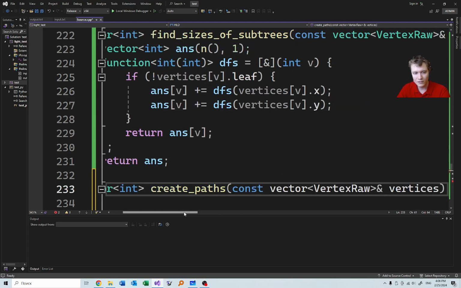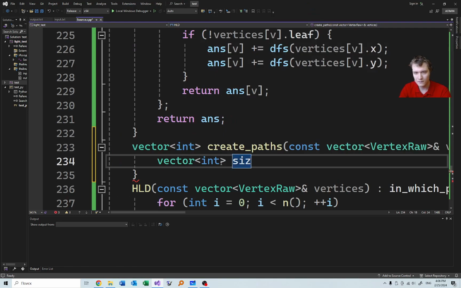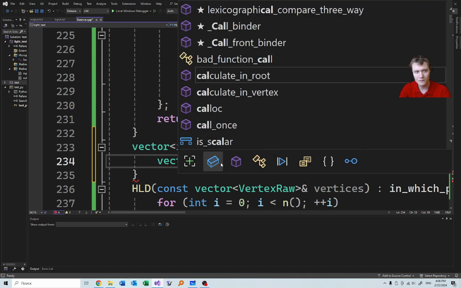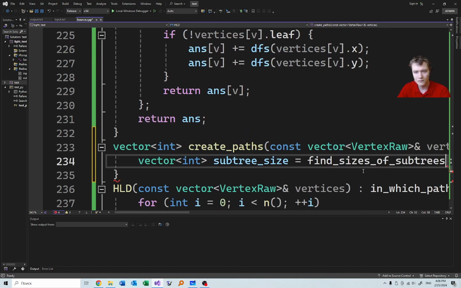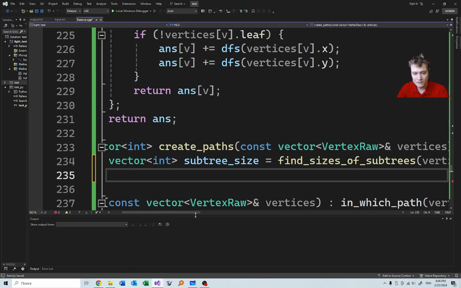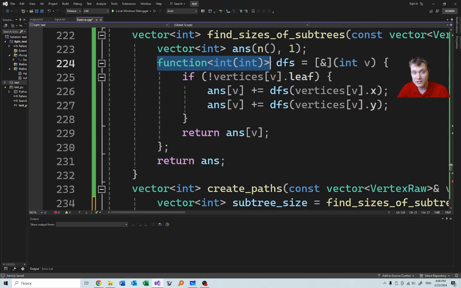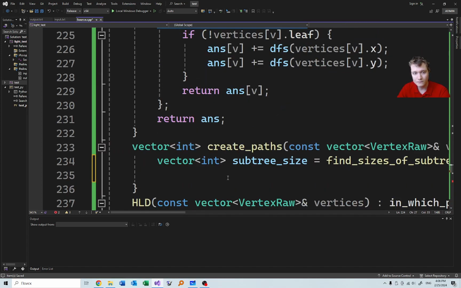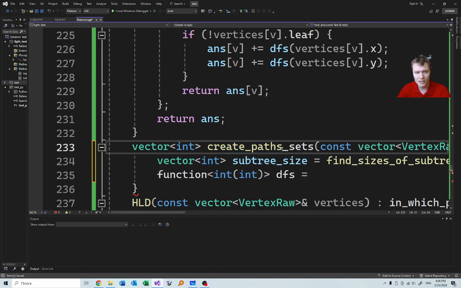Okay, in order to do that, let's first of all calculate the size of subtrees. Then we will need another DFS, which creates the paths. Actually, create path sets.